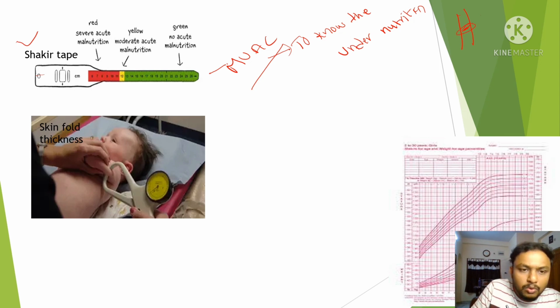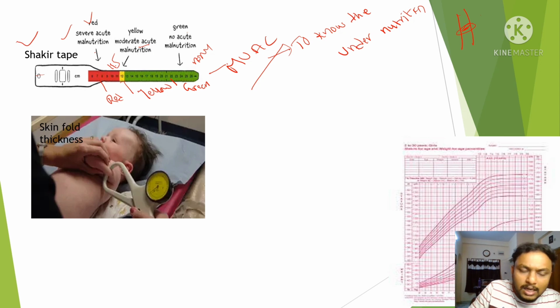Suppose here there are 3 divisions, green, yellow, and red. Red is for severe acute malnutrition, yellow for moderate acute malnutrition, and green means no acute malnutrition, that is, normal. If the circumference is below 11.5, severe acute malnutrition is there.